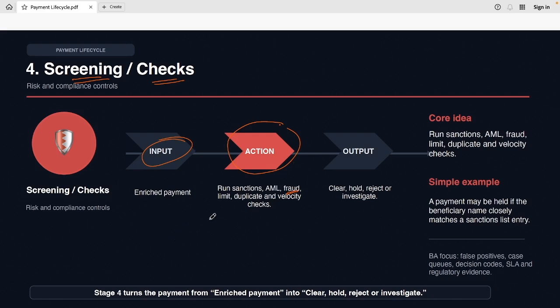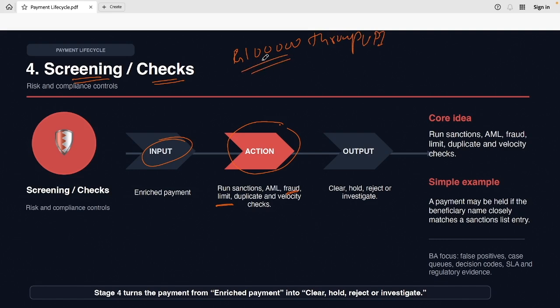Okay, limit check. A limit is the maximum amount or number of transactions permitted. The system may check the daily customer limit, per transaction customer limit, account limit, country limit, bank limit, and channel limit. For example, in our context, you can send a maximum of 1 lakh rupees through UPI in one single day.